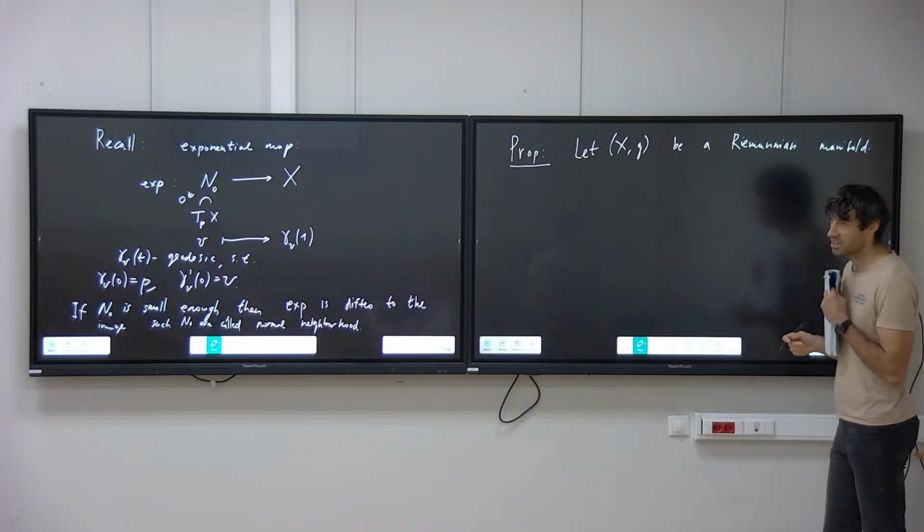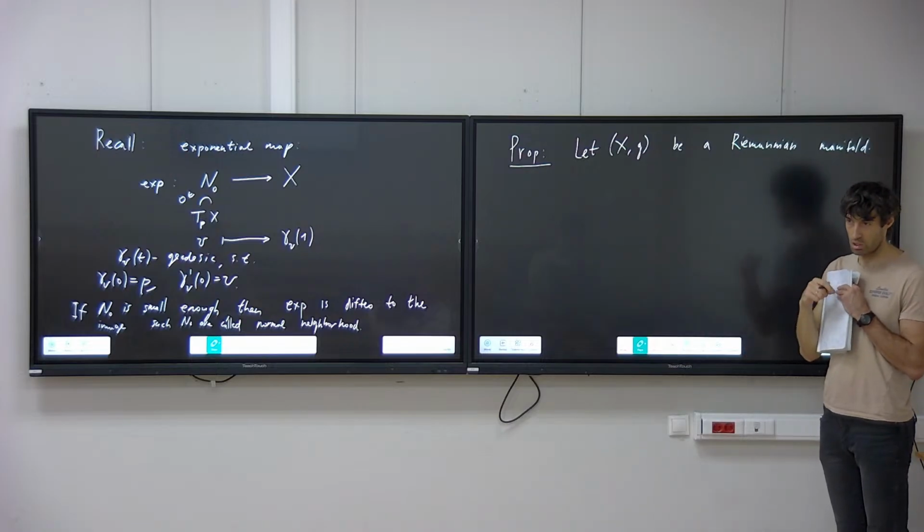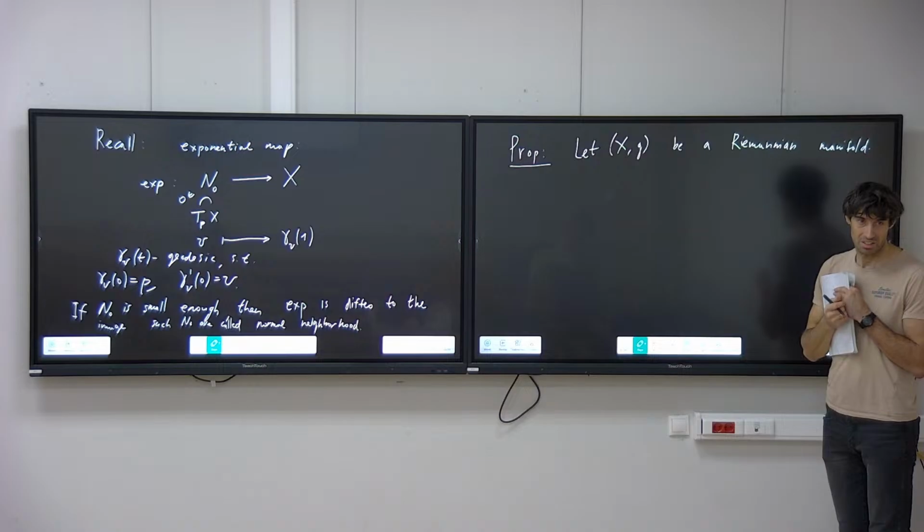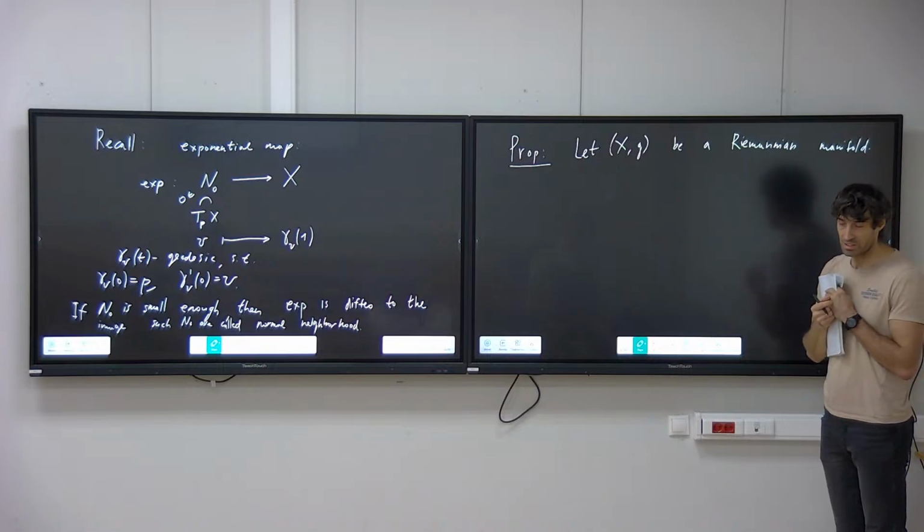Basically it says that geodesics locally minimize the length of a curve. It's a very important result.